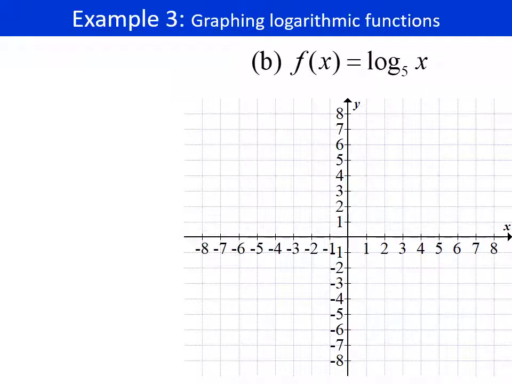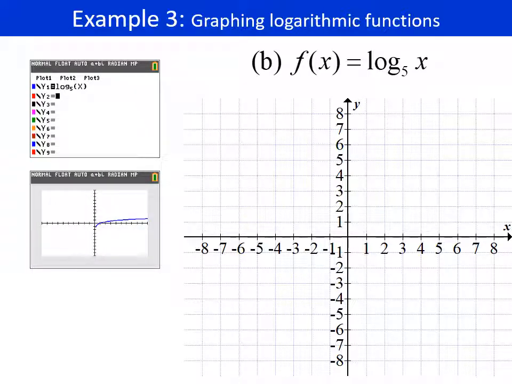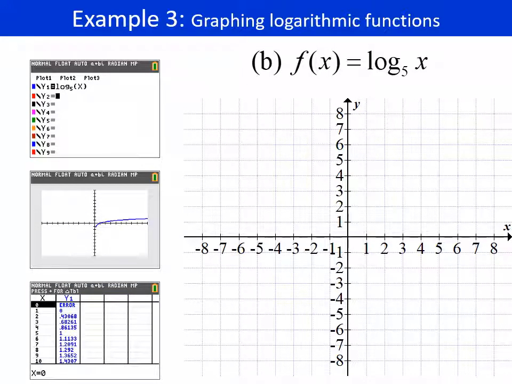So here we will repeat the same process. Type the log base 5 of x in the y1. Look at the graph, and then take a look at the table. So again, we've got a dot at 1, 0.